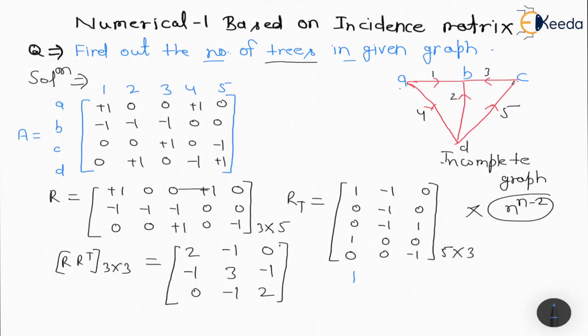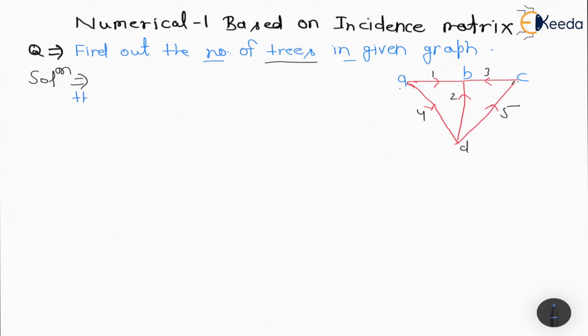So the determinant of R into R transpose will be equal to the number of trees present. So what we are going to do is find the determinant of R into R transpose.